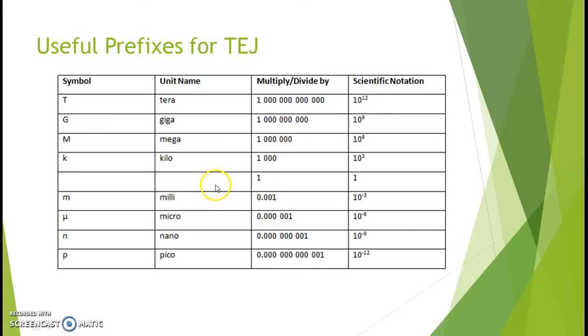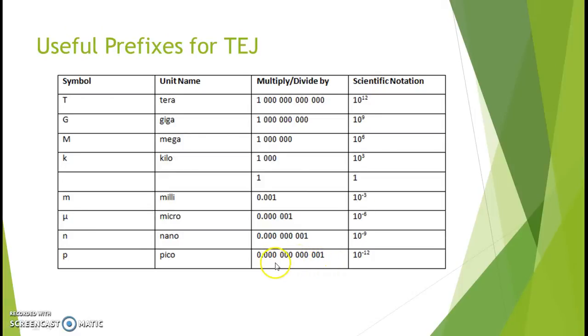If we want to go, for example, from meters to terameters, we need to divide by a 1 with 12 zeros. If we want to go from meters to picometers, we would divide by this number, 0.000000000001.